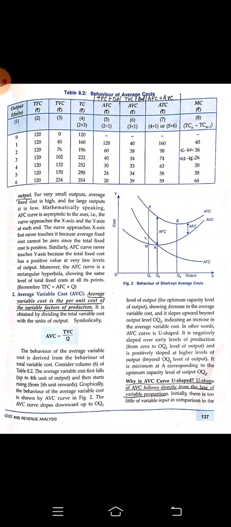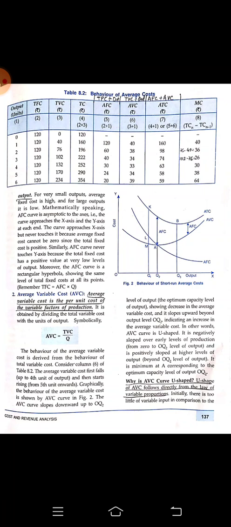In order to get average variable cost, we have to divide total variable cost by output. So very simple: total fixed cost divided by output gives average fixed cost, and total variable cost divided by output gives average variable cost.